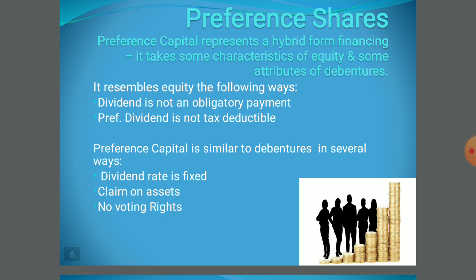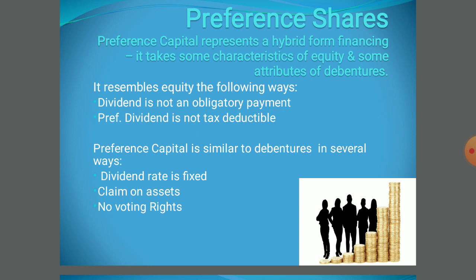Now, what is tax deductible? For example, you have to pay the amount of tax on x amount. Now, in case of debentures, whatever returns you are giving in the form of interest, the amount of interest can be deducted from the total amount, and on the remaining part you are going to pay the tax.